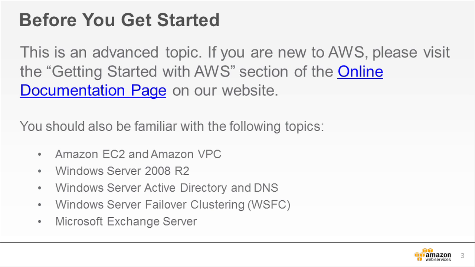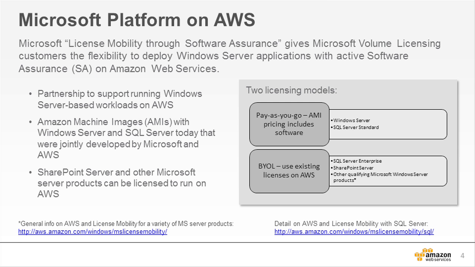Moving on at a high level, I just want to give you an overview of how you can license Exchange in the AWS Cloud. Microsoft License Mobility through Software Assurance gives qualifying Microsoft Volume Licensing customers the flexibility to deploy Windows Server applications with active Software Assurance on Amazon Web Services. In the pay-as-you-go model, you have AMIs for Windows Server in all different types of SKUs.